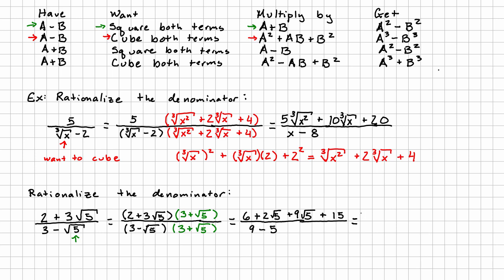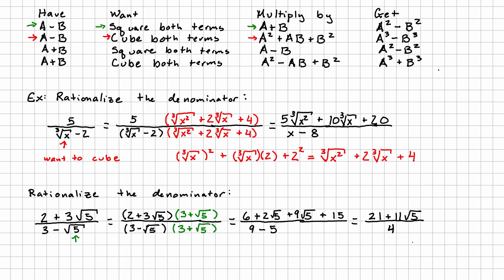So combining my like terms then, in my numerator I have 21 plus 11 root 5 all over 9 minus 5 is 4.